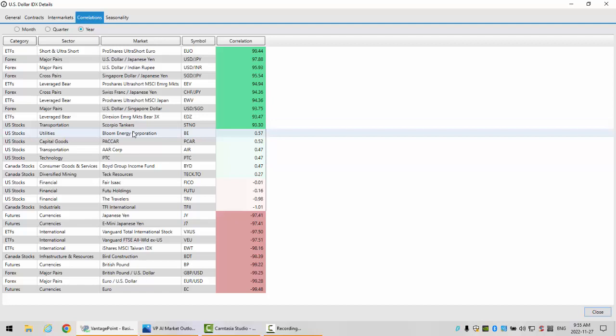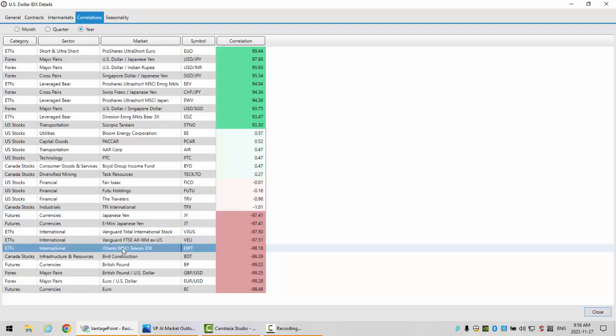There's a fairly lengthy list. But what if the dollar continues its downtrend? Then we can look at pairs or other markets that are inversely correlated with a percentage attached to it. For example, iShares MSCI Taiwan Index, EWT, is 98% inversely correlated to the dollar index.